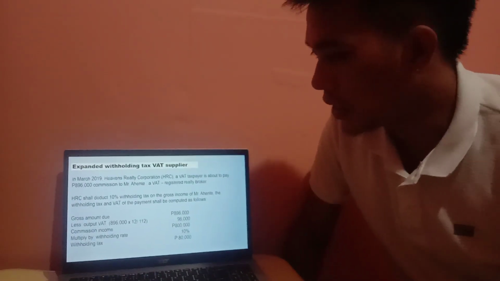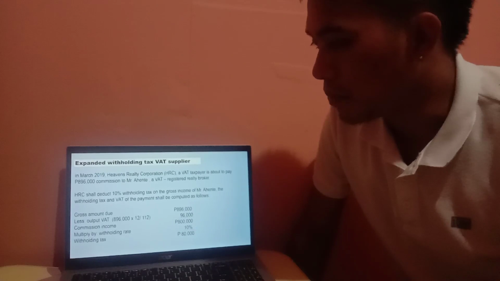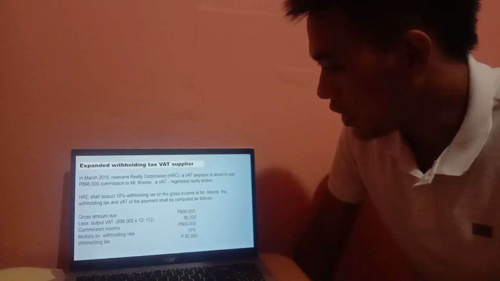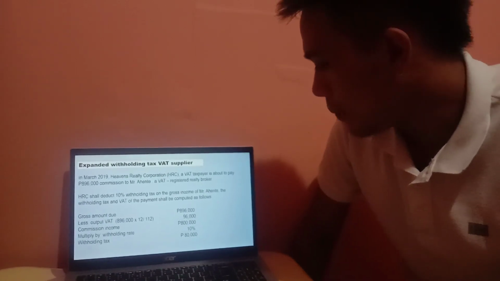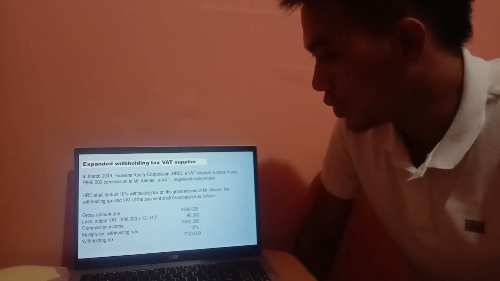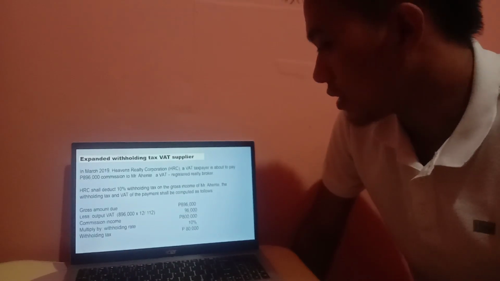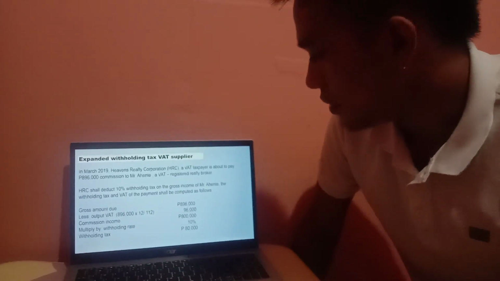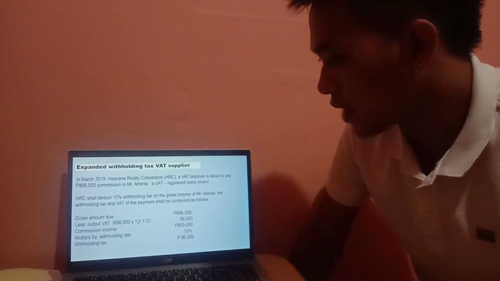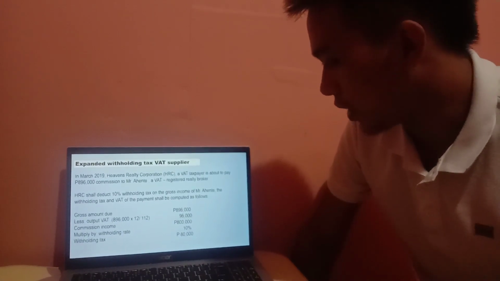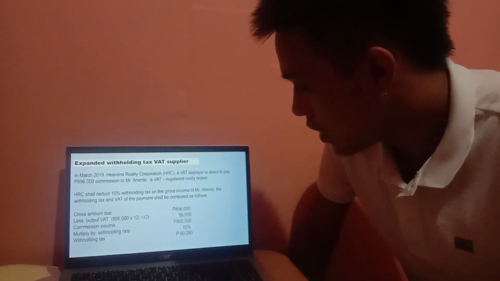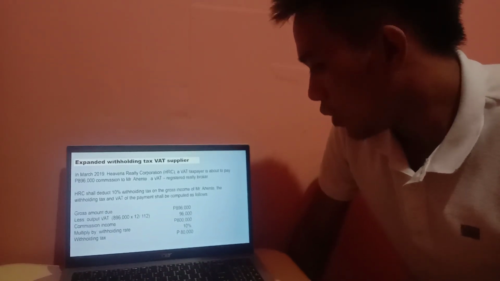So next we have expanded withholding tax, VAT supplier. In March 2019, Heaven Realty Corporation, HRC, a VAT taxpayer, is about to pay 896,000 commission to Mr. Ahinte, a VAT-registered realty broker. HRC shall deduct 10% withholding tax on the gross income of Mr. Ahinte. The withholding tax with VAT of the payment shall be computed as follows.